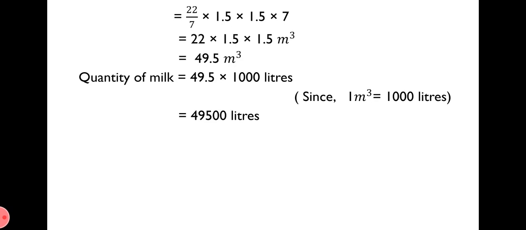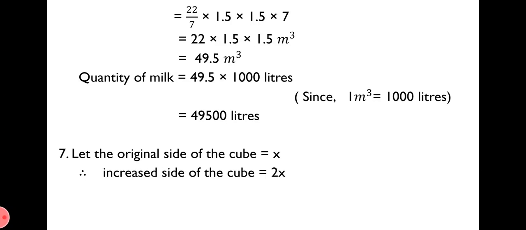So if we are doubling the edge side of a cube, then how many times will its surface area increase and how many times will its volume increase? We don't know the original side edge of the cube. So we write, let the original side of the cube equal x.